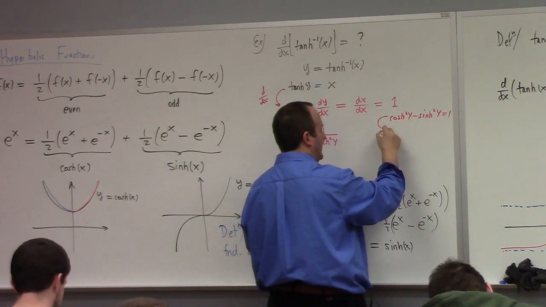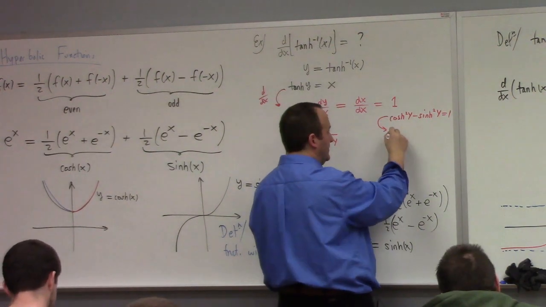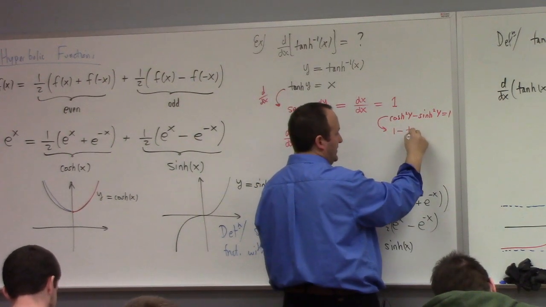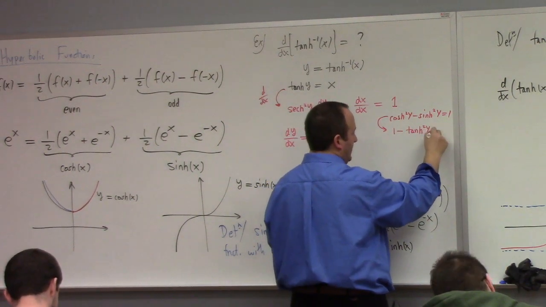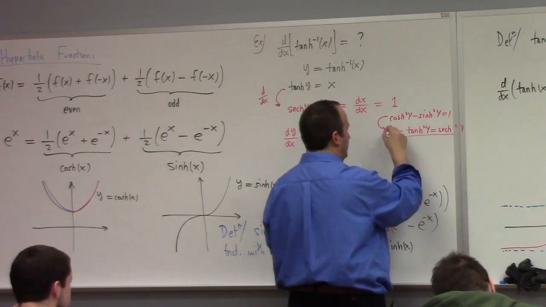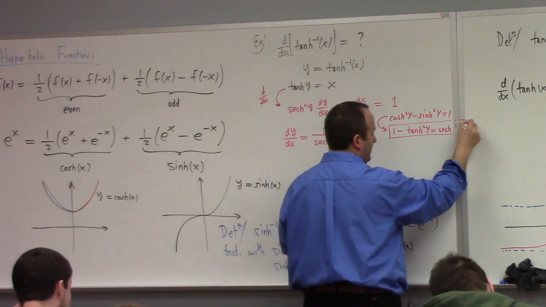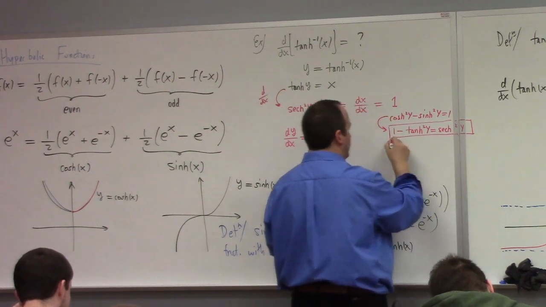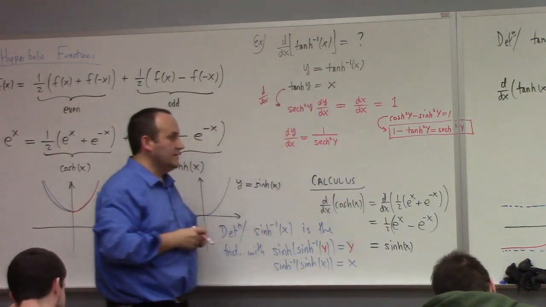So if we divide by cosh squared, what does it give us? It gives us 1 minus the hyperbolic tangent squared y equals the hyperbolic secant squared y. So just divide the sort of Pythagorean identity for cosh and sinh by hyperbolic cosine squared, and we get that.